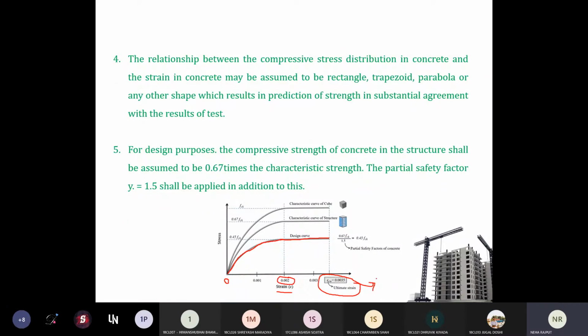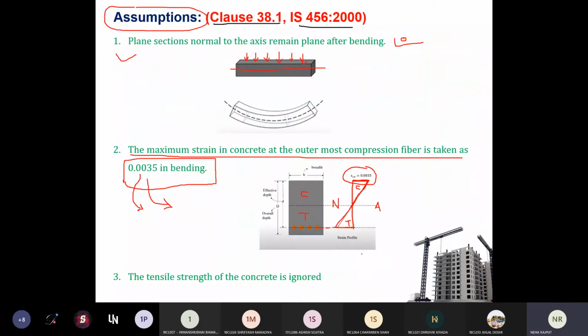That means after this point your concrete will fail. Concrete will not have the strain property, so it will fail. So you are restricting your concrete to a strain value not more than 0.0035. Is it clear? Yes, ma'am.